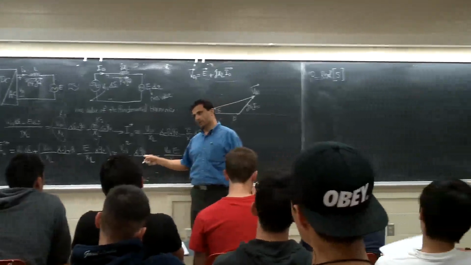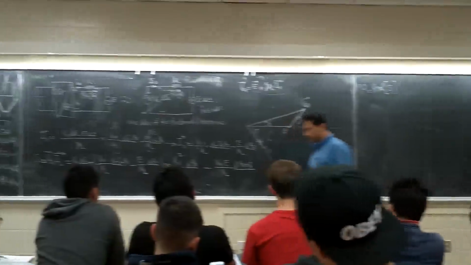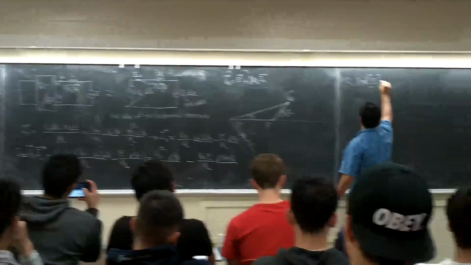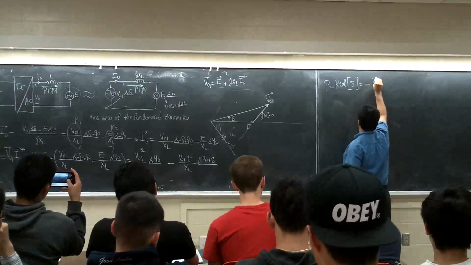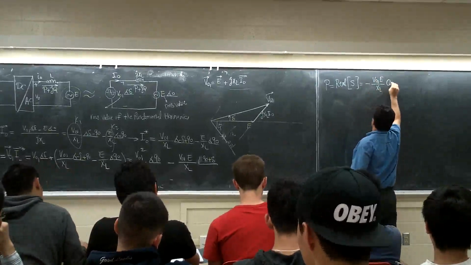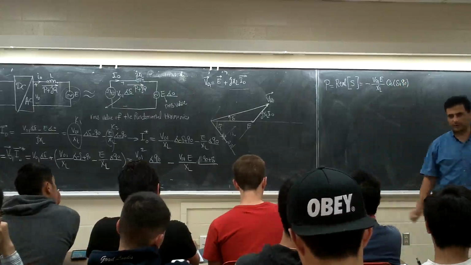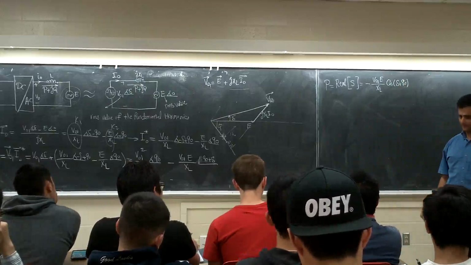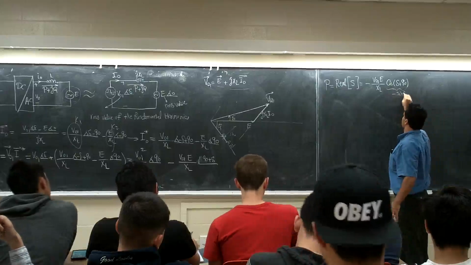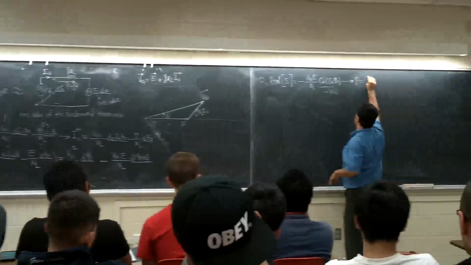Because this is 90 degrees, it's going to be this times cosine of this, so minus VO1 E over XL cosine of delta plus 90. How much is the cosine of delta plus 90? Minus sine delta. Minus and minus cancel each other.